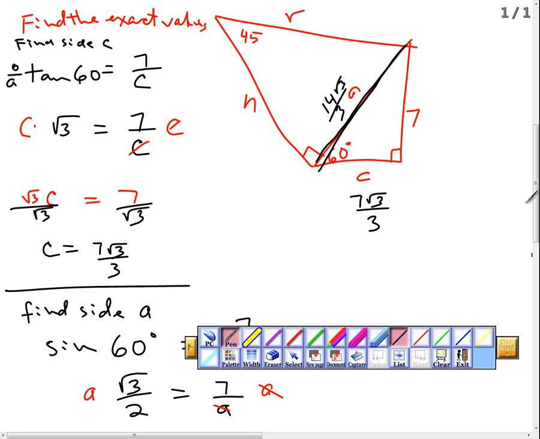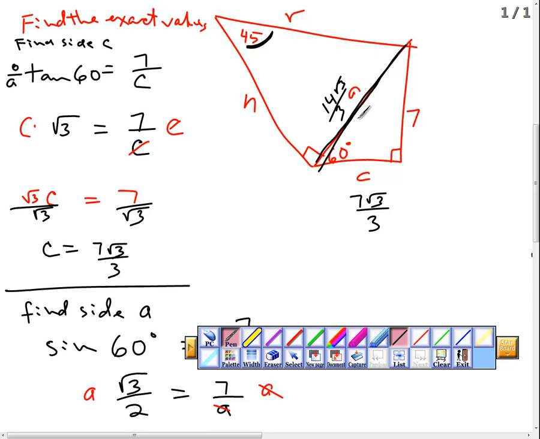All right? So here we can use, here's angle 45 degrees. Which ratio can we use for that? Sine, cosine, or tangent? Let's say we're trying to find side N. Well, what is this?